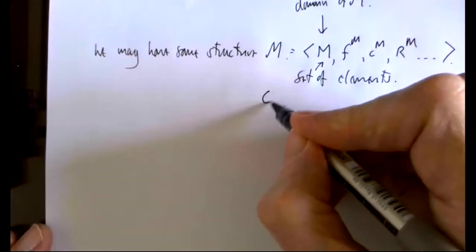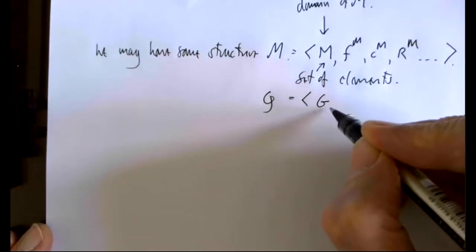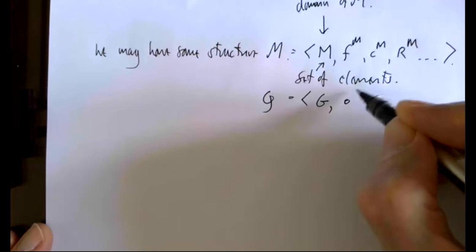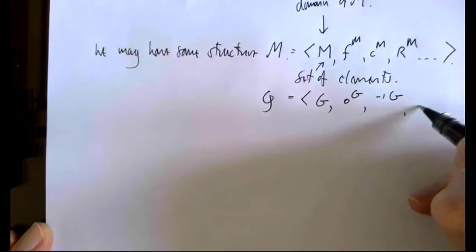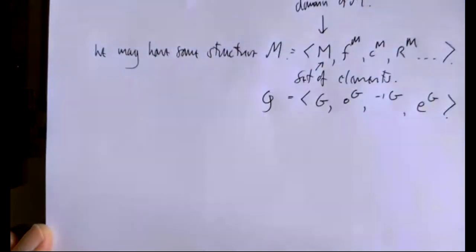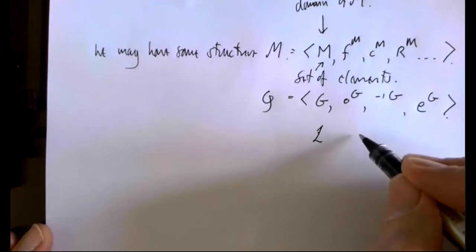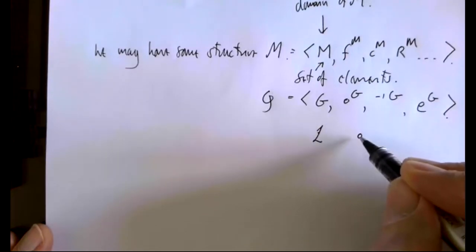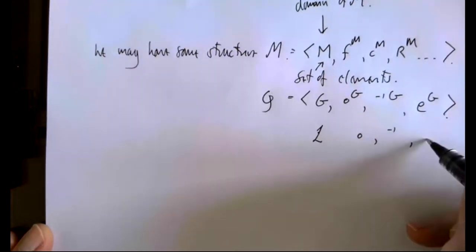We might have something, maybe it's a group. Here are the objects in the group, and here's the group operation, and here's the group inverse, and here's the group identity. So this is good for a language where we've got a binary multiplication, a one-place function, and one constant.